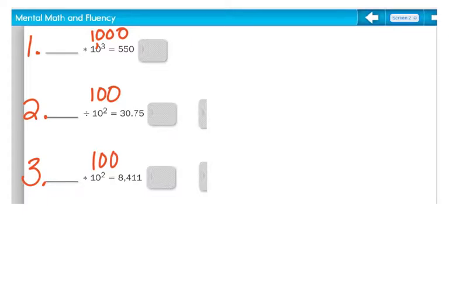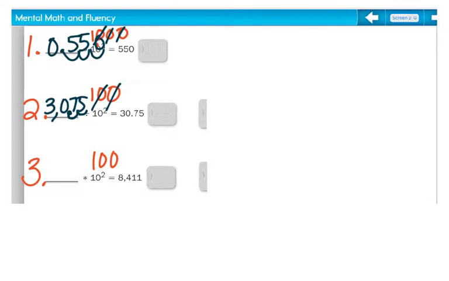Number 1, you started with 5,500. Because the number got larger, you move it 3 places, 1 for each 0: 1, 2, and 3. Number 2, you started with 3,075 because when you divided, it got moved 2 places to the left, 1, 2.